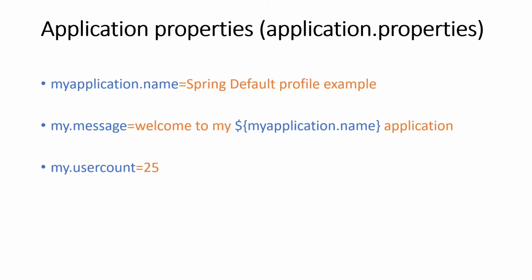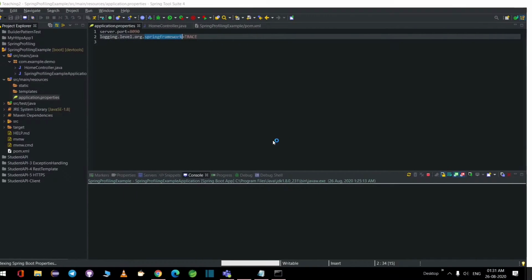And we'll create one more variable called user count and another variable called my.contact. And we'll go back to the code and we'll write this.